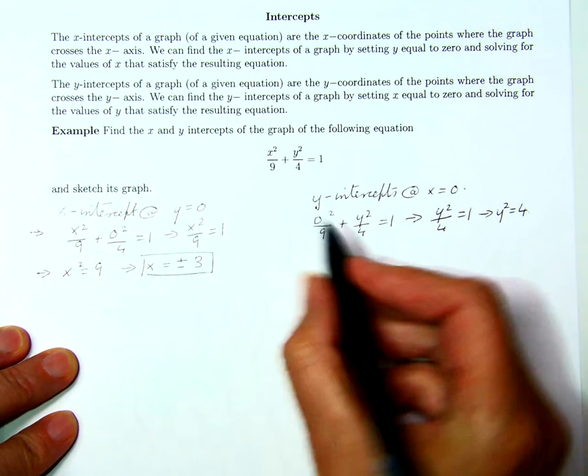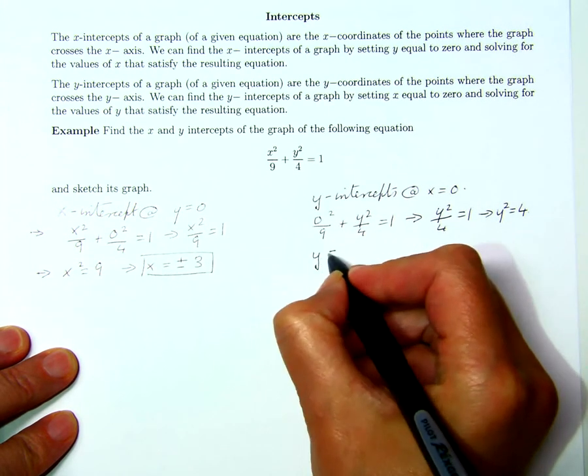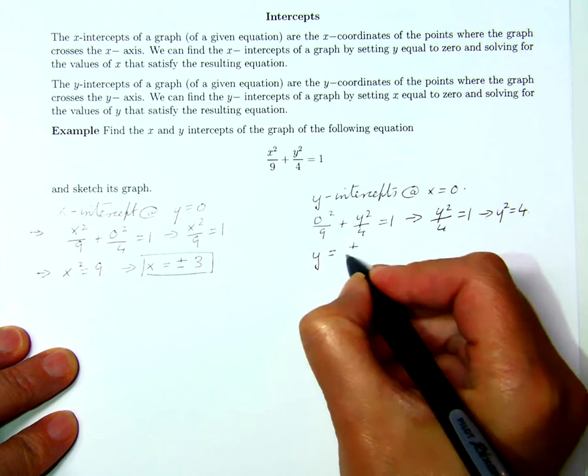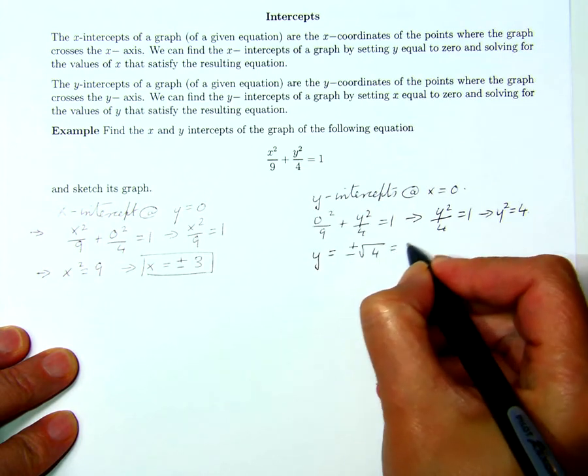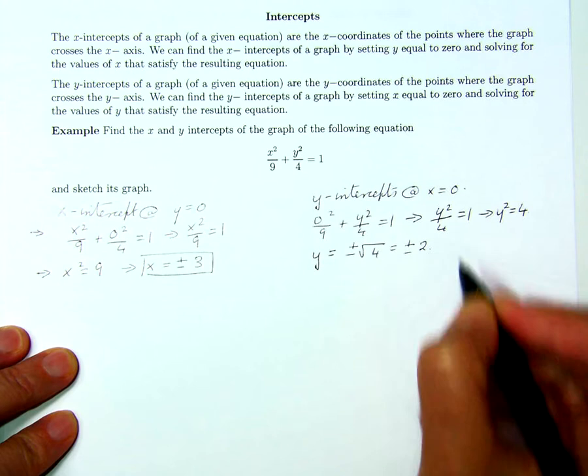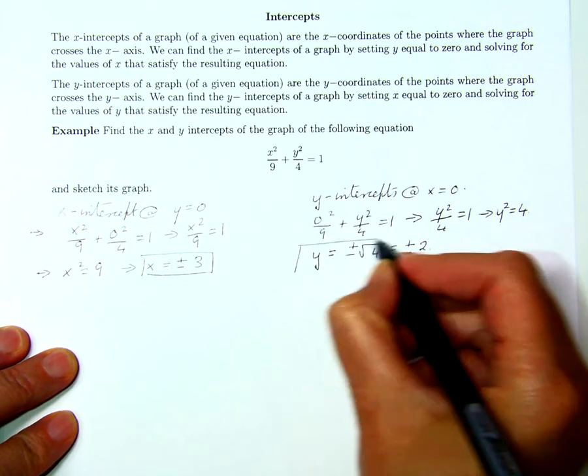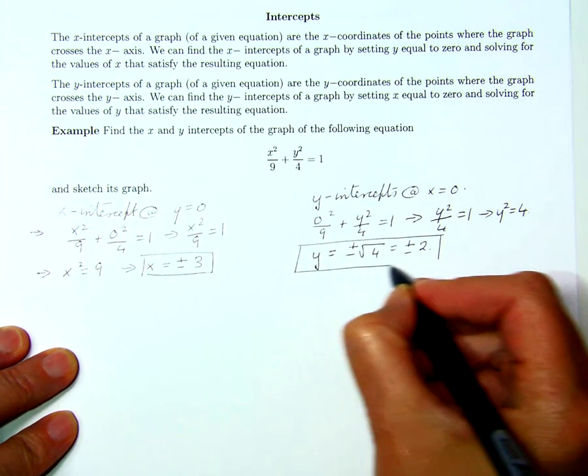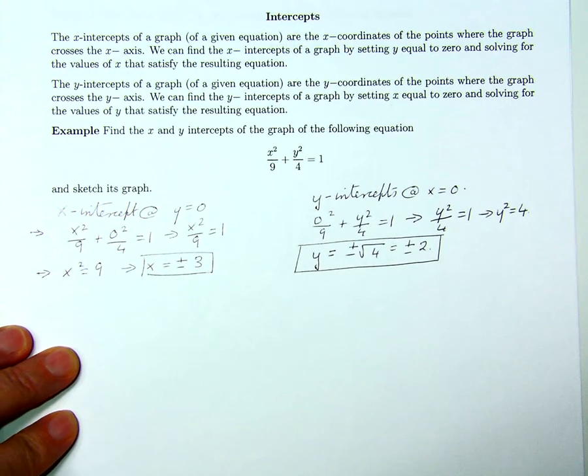And taking the square root of both sides, we get y equals plus or minus the square root of 4, or plus or minus 2. So we see that the graph crosses the y-axis at those two y values, plus and minus 2.